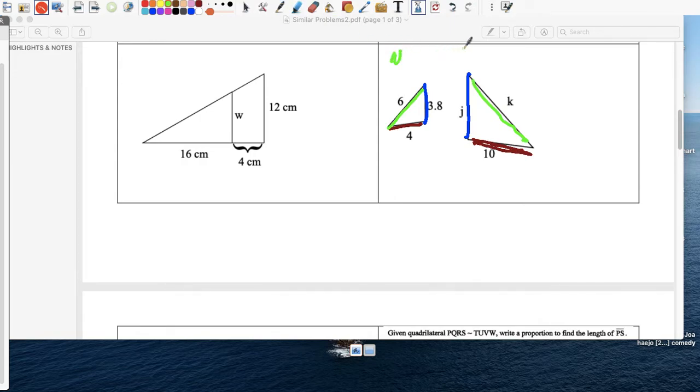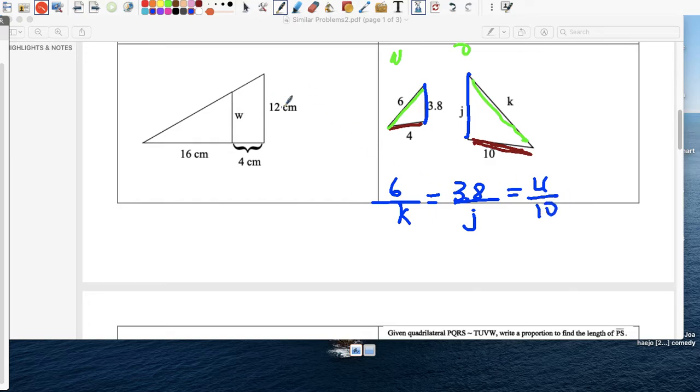So just, again, new and old, doesn't matter what you call them. Let's say 6 and k. The ratio of those two sides should equal the ratio of, let's do 3.8 and j. And I should use small j, which also should be equal to the ratio of 4 to 10.